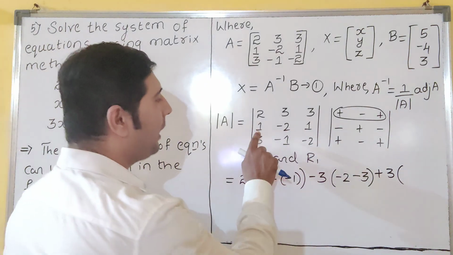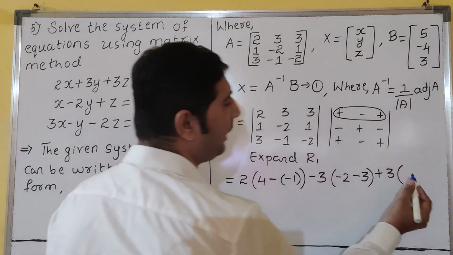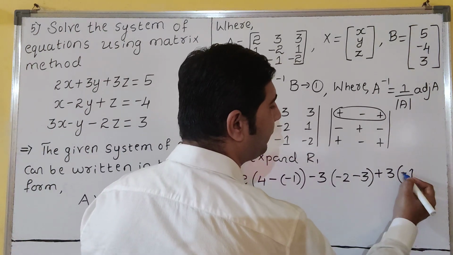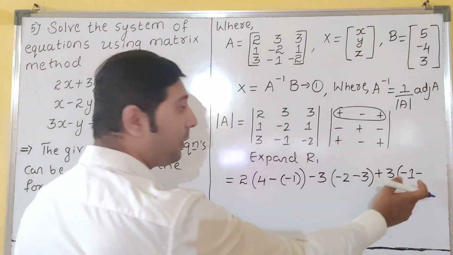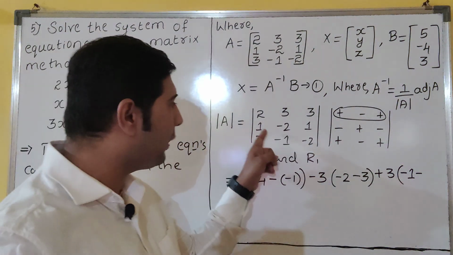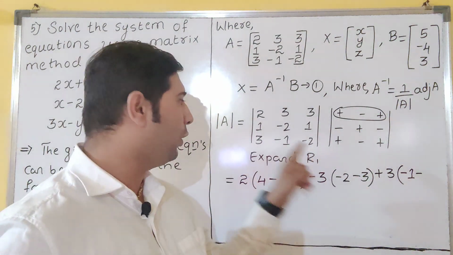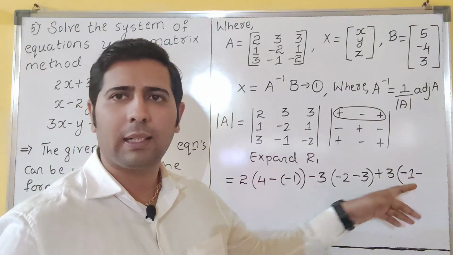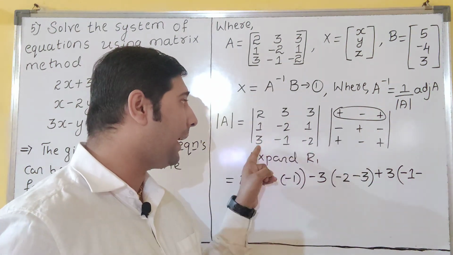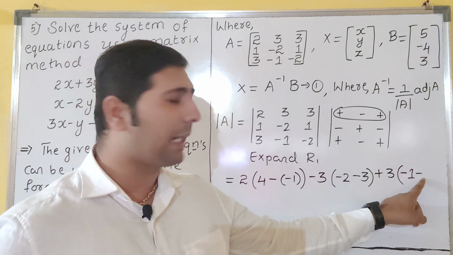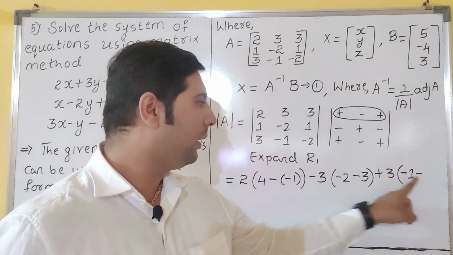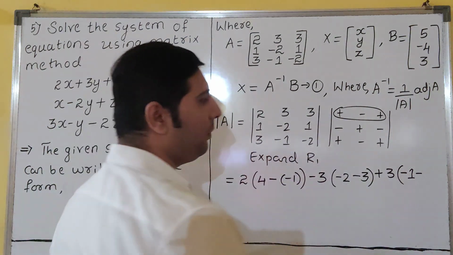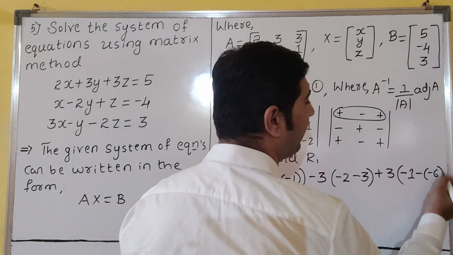So now see here. How to multiply? 1 into minus 1, minus 1. Minus you write. Before multiplying this, you have to write minus. I am not saying here you have to write minus. No, 1 into minus 1 is minus 1 directly. When you are multiplying this, at that time you have to write minus sign, dear students. I hope it is clear for you. So 3 into minus 2, minus 6, dear students.